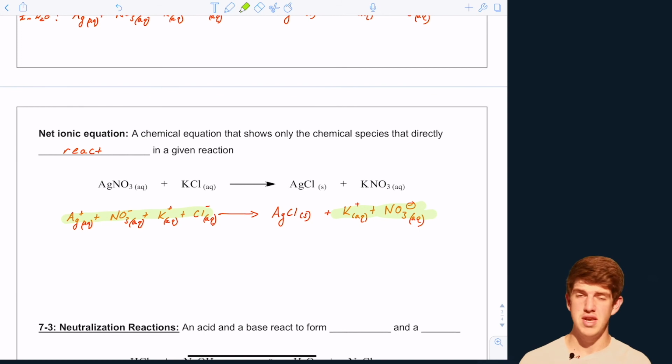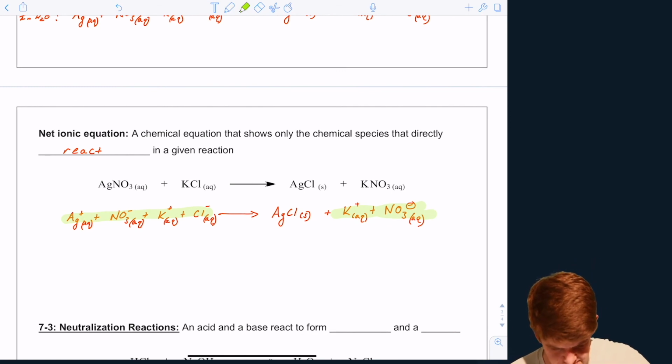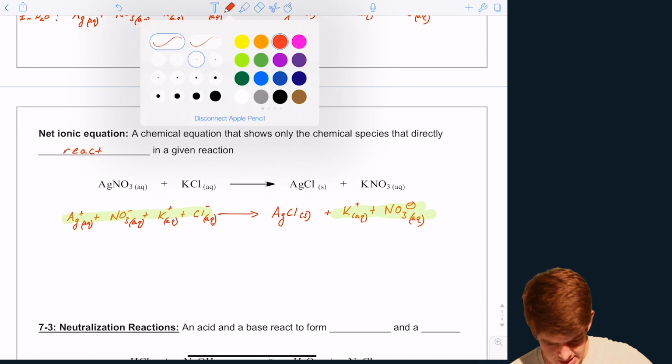They are still there, no reaction happened, while Ag and Cl came together, reacted, and precipitated. They even changed phase here. So because of that, Ag and Cl are only going to be part of the net ionic equation. They are the only 2 that reacted.